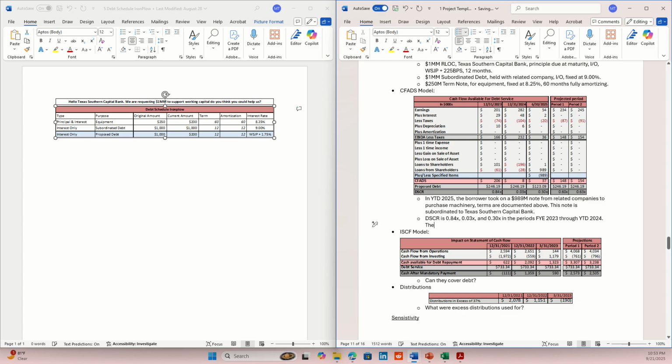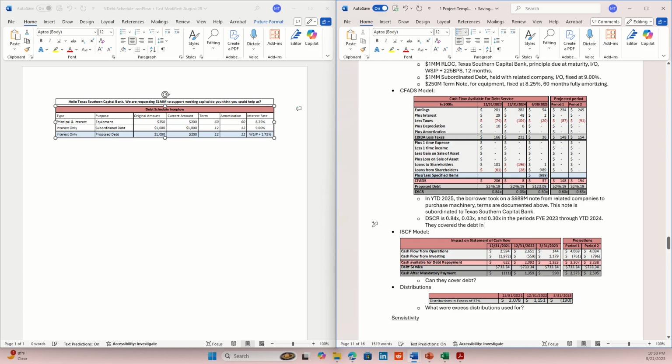They covered the debt in less than 1. So for you guys, let's say they cover the debt. You can say they cover the debt in all periods. You can say they cover the debt in 1 period.